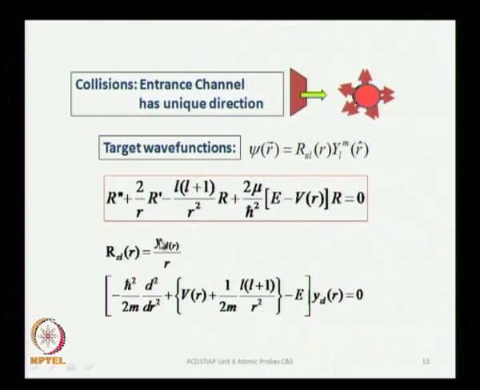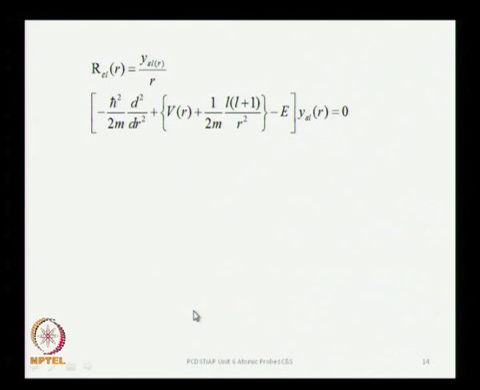That differential equation that y must satisfy is what you have over here. All you do is substitute this y over r, get the first derivative and the second derivative, plug them in, and then cancel out the common terms. This is what you get. So this is the differential equation that must be satisfied by y.